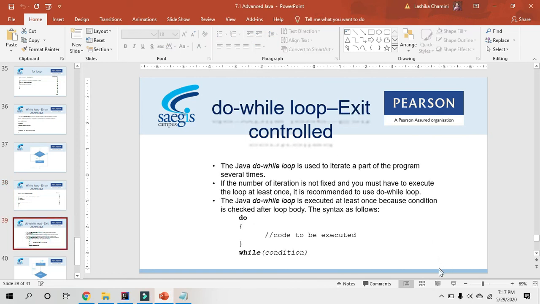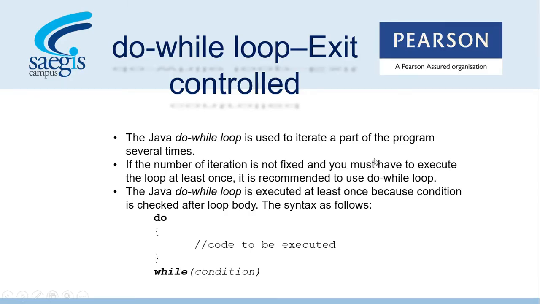Then we check the do while loop, that is an exit controlled loop. So what happens here is the condition is checked after we execute the code. That means first we execute the statements inside the do while loop, then finally we check the condition.